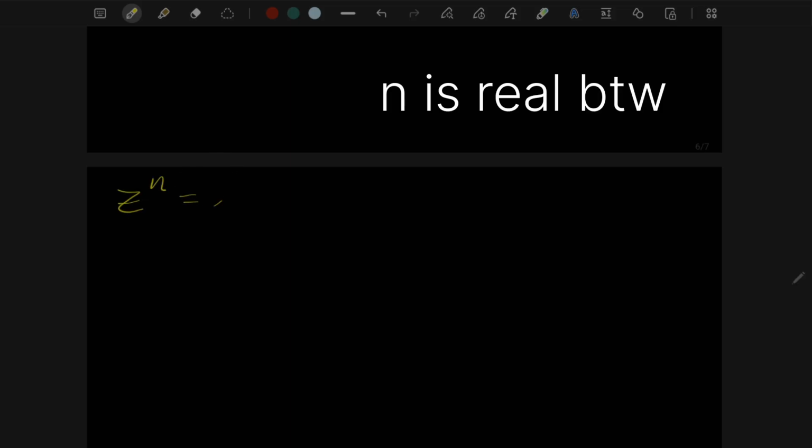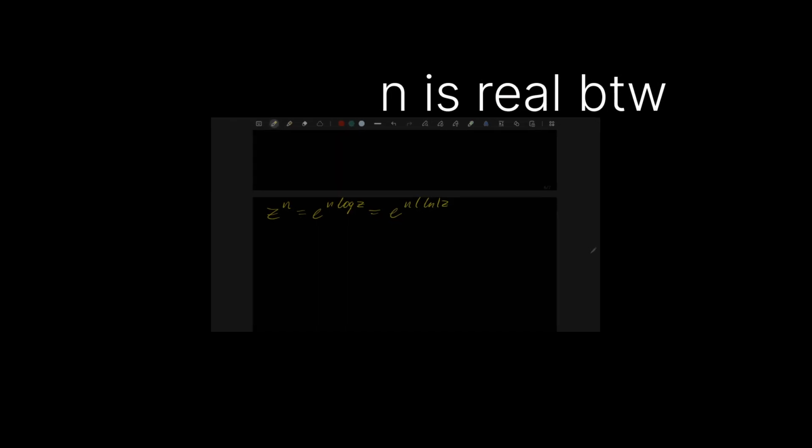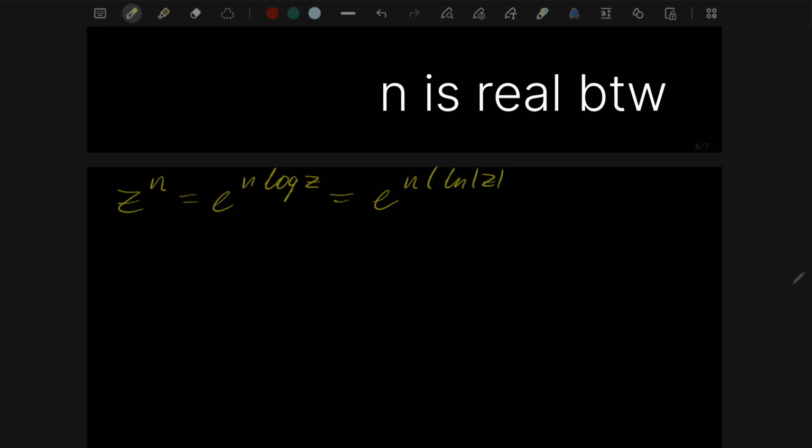If you look at z to the power of n, it is e to the power of n log z, and e to the power of n times the logarithm of the absolute value of z plus, let's say, the principal argument of z.